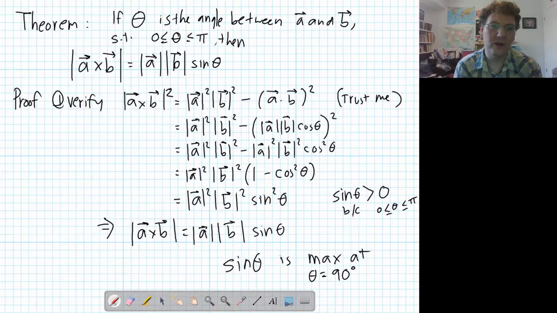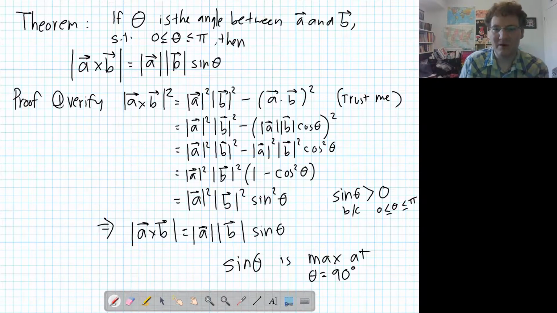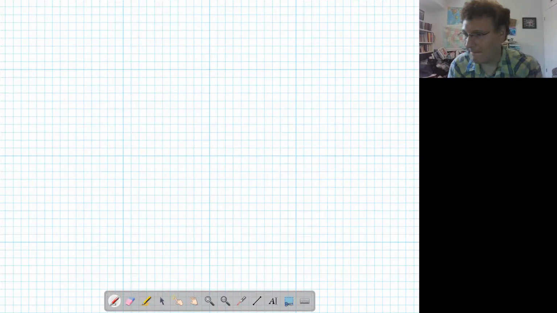So when the two vectors A and B happen to already be orthogonal, their cross product is going to have a maximum magnitude. As the two vectors are either more in line with each other or more apart from each other, the cross product is going to get smaller and smaller in magnitude.